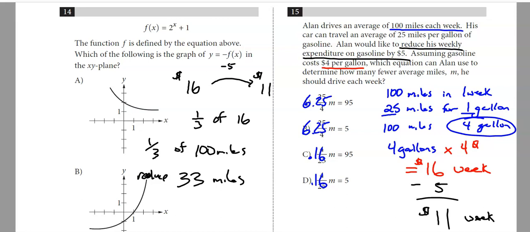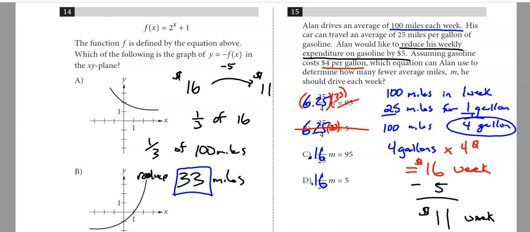Well, we know that we need to reduce by somewhere around 33. So let's just plug 33 in and see which one of these makes sense. So in the first one, if I do 6.25 times 33 miles, that's going to be like $180, $190. So it can't be that one. If I do 6.25 times 33, it's definitely not going to be 5.